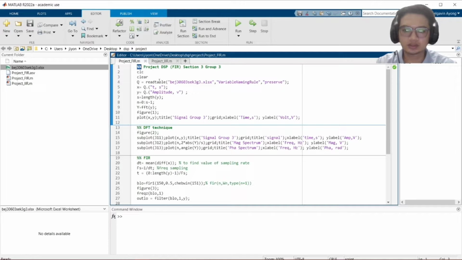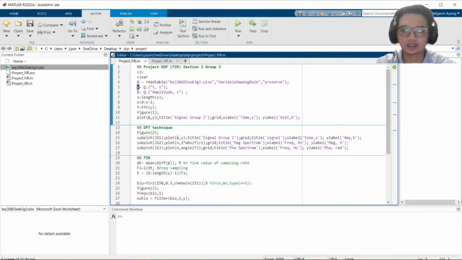Today I'm going to demo our group project for FIR. These first two lines are for clearing, and this fourth line is to read the Excel file that the lecturer gave us, which is the signal.